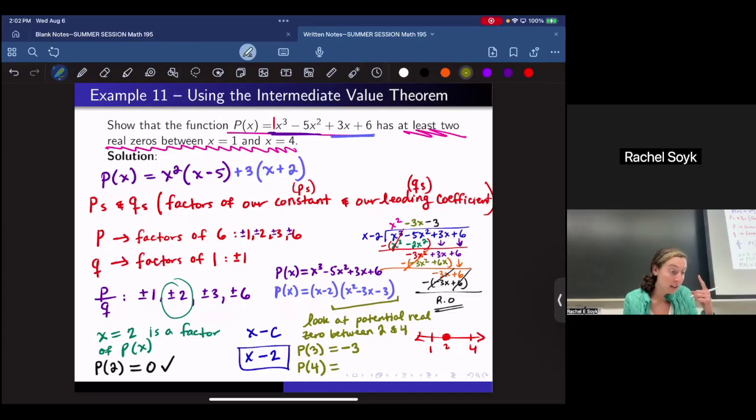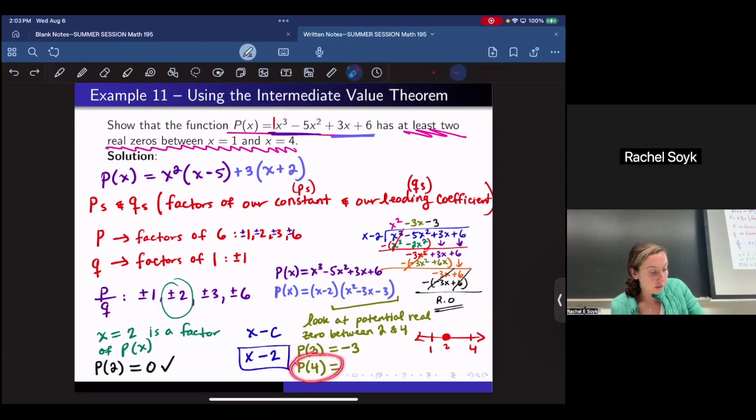Think intermediate value theorem. We need to have a negative, and then it needs to jump to a positive for us to prove that there's another real root crossing through that x-axis. So if this is positive, we're good. If it's not, then we can't prove that we have at least two real zeros.